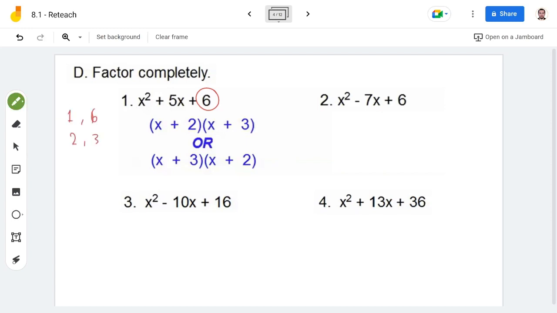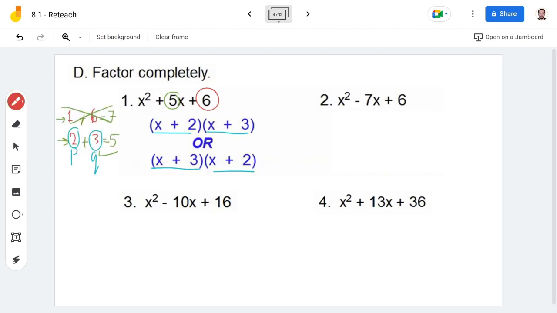Which of these two pairs, if you add them, gives 5? 1 plus 6 is equal to 7, no, so this one is wrong. 2 plus 3 is equal to 5. So let's take these two factors. The first factor is 2, the second factor is 3. This one is p, this one is q. Now x plus 2 and x plus 3. It doesn't matter, I told you you can write x plus 3 or x plus 2. I hope this one is clear.